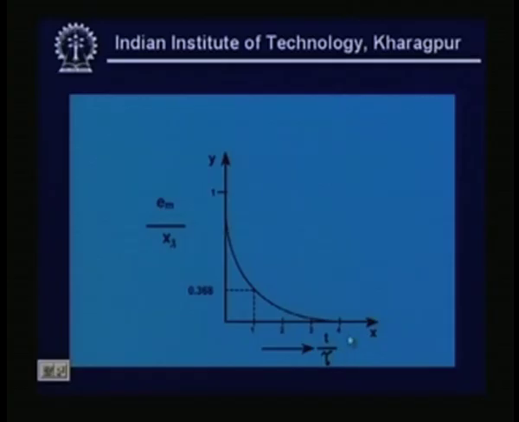If I take the reading of the sensor at 1 of t by tau, it is totally error. So, I cannot accept that; I should take the reading when t by tau is 4. Suppose tau is 1, then after 4 seconds I should take the reading.